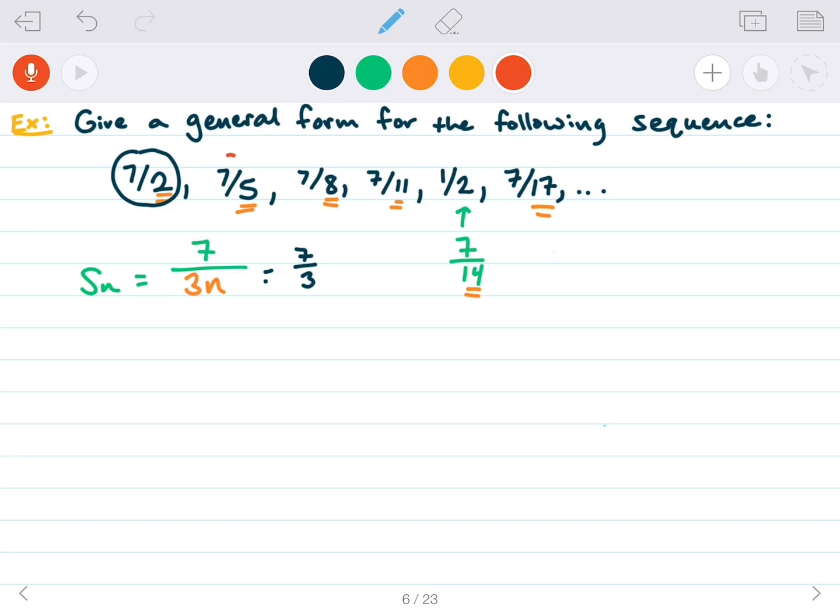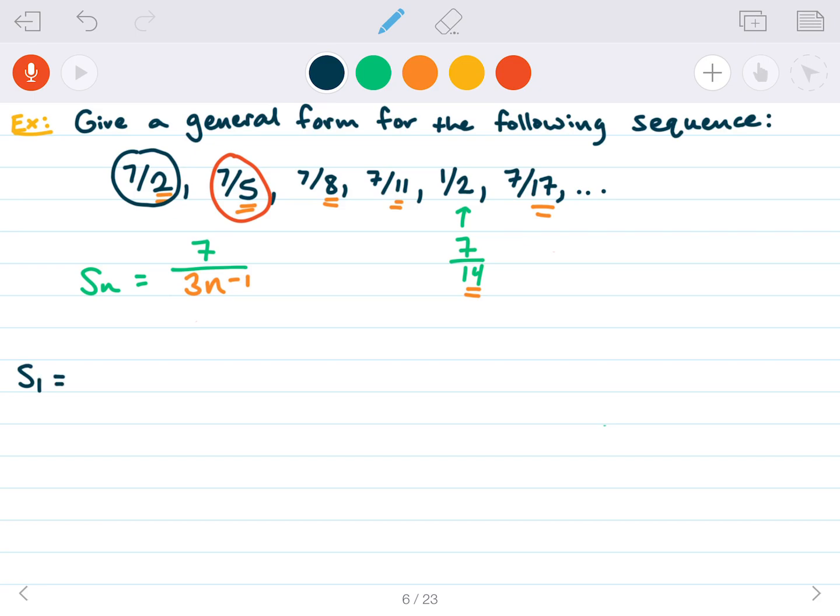If I plug in 2 for n, then I get 7 over 3 times 2, which is 7 over 6, which is almost correct. Notice that the correct number is subtracted, you subtract 1 in both cases. So in this case, our formula is going to be 7 over 3n minus 1.